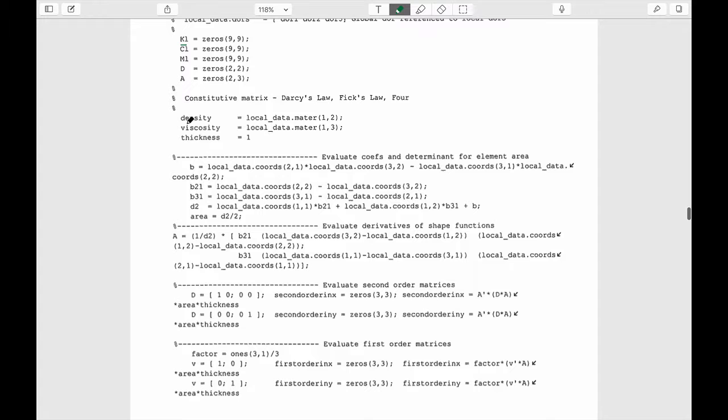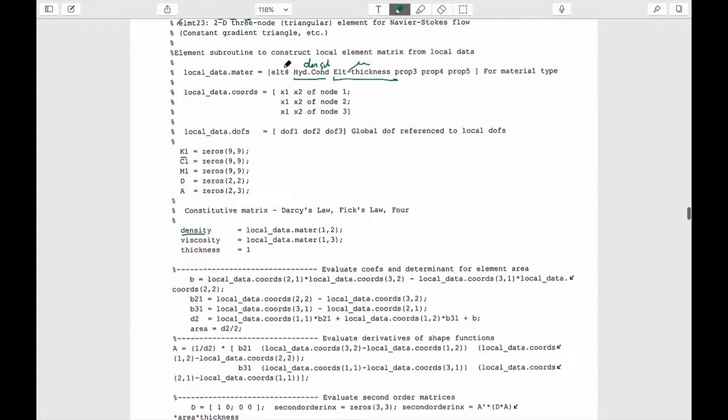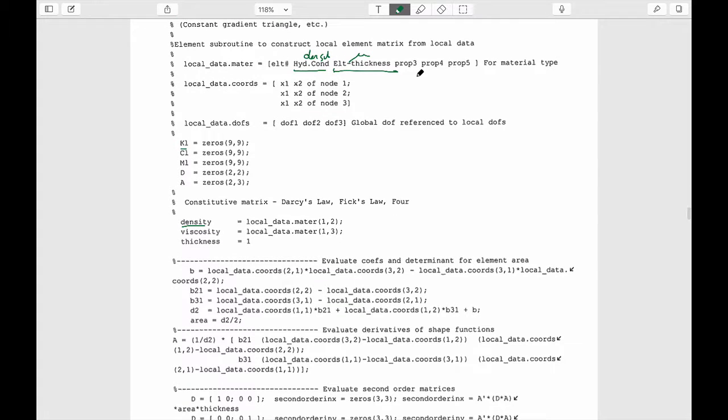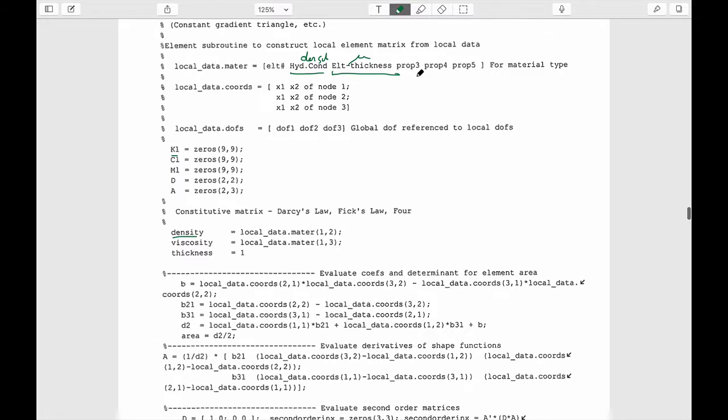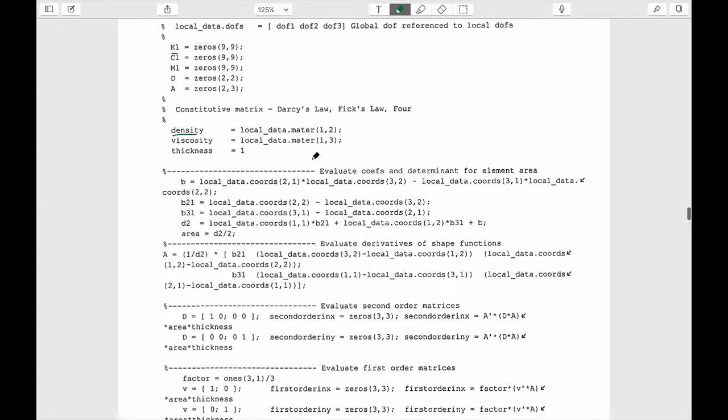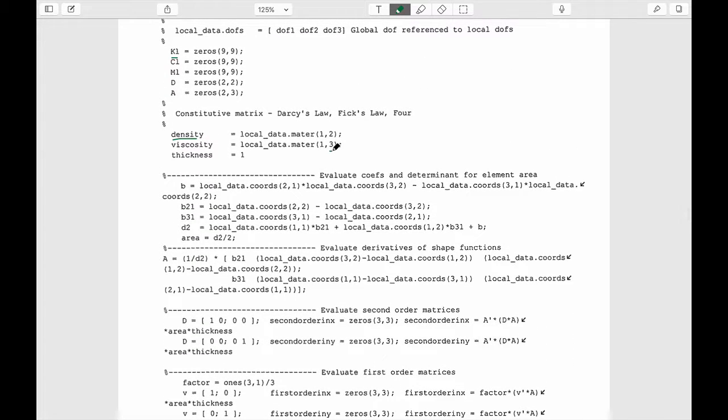So we pull the density out of some location in this array. This is some information. This is a parameter. This is another parameter. This is any parameter that we want to define, and we define it by the form of this element that we put together. And out of the third spot, we're taking the viscosity.